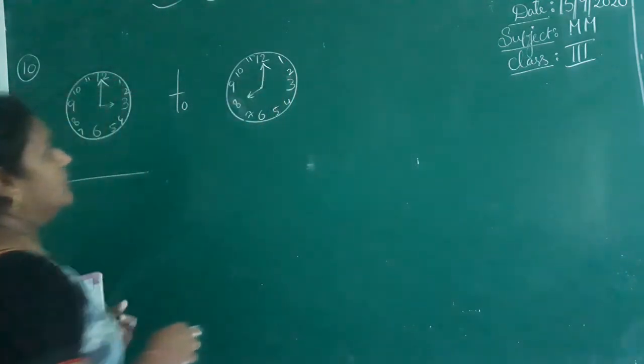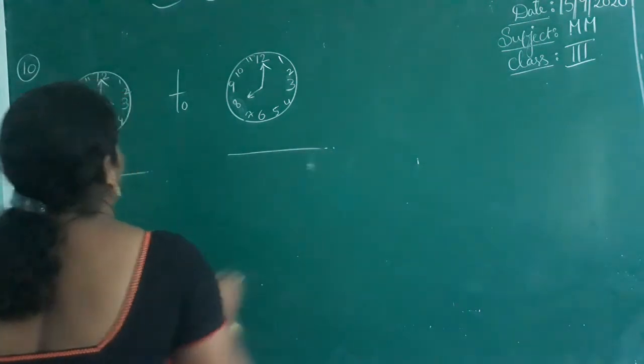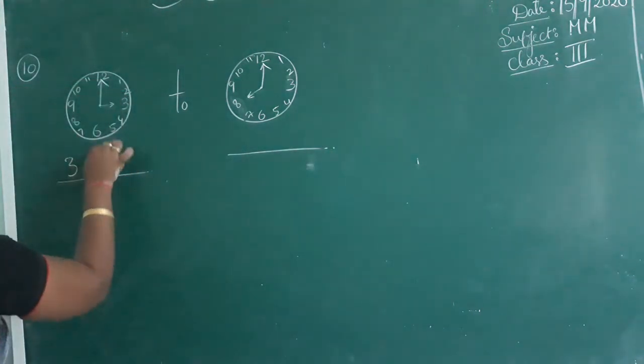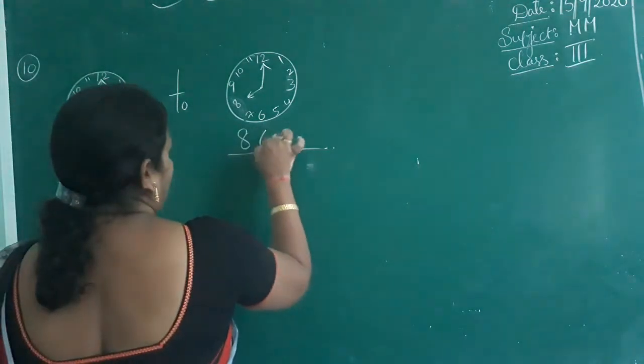See the second clock. First clock is showing 3 o'clock and the second clock is showing 8 o'clock.